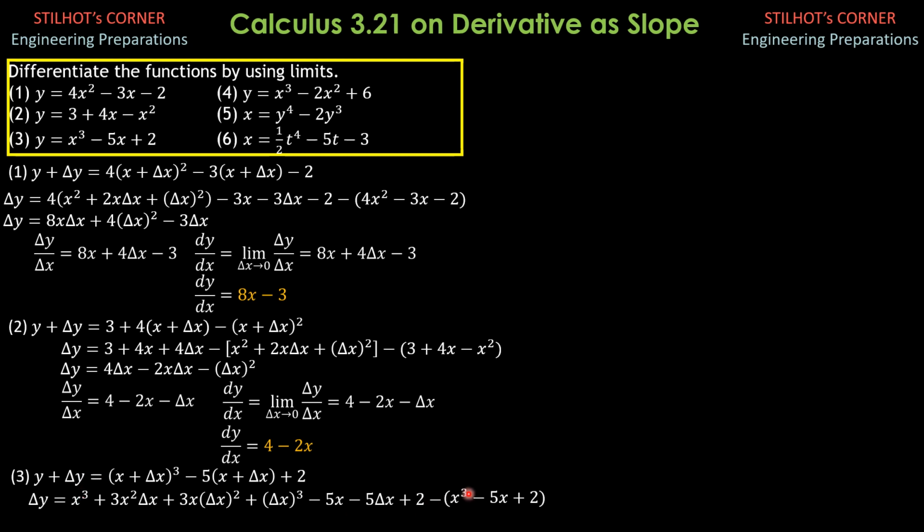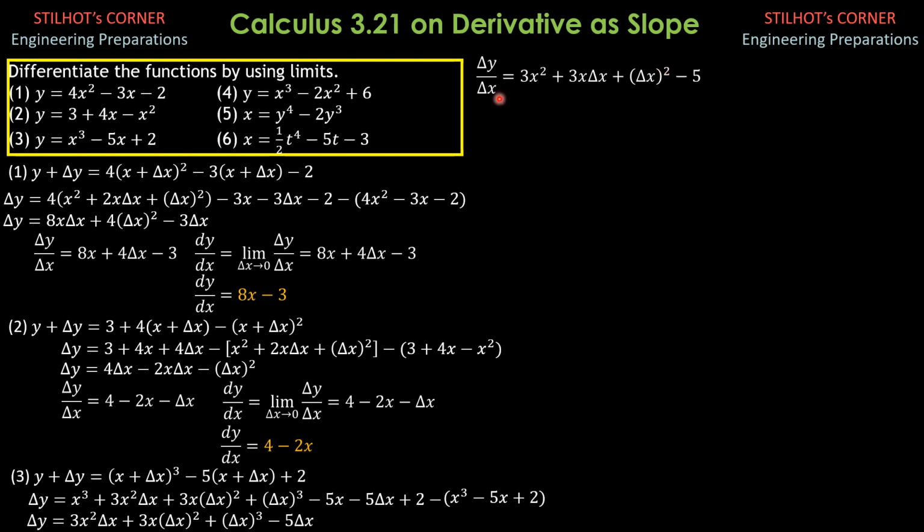So x cubed will be eliminated. Negative 5x and positive 5x eliminated. 2 and negative 2 eliminated. So delta y equals 3x squared delta x plus 3x delta x squared plus delta x cubed minus 5 delta x. So this will be the remaining terms. Dividing everything by delta x, delta y over delta x equals 3x squared plus 3x delta x plus delta x squared minus 5.